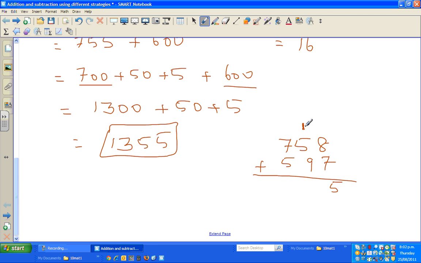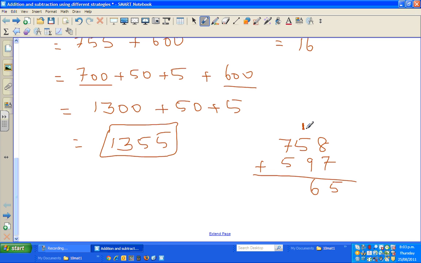Now this 1 is 10, 10 plus 50 is 60, and 60 plus 90 is 150.